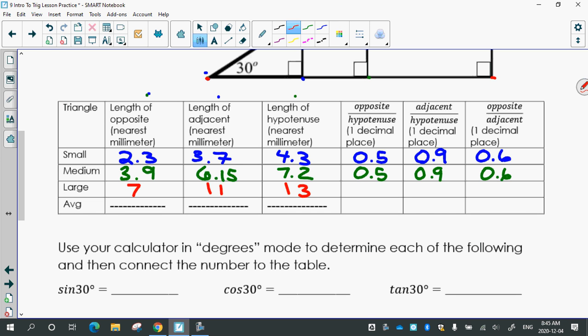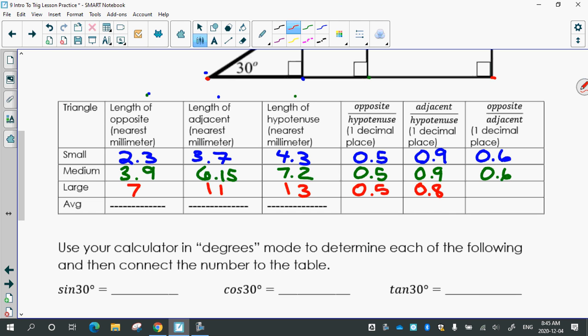Okay, red. Opposite divided by hypotenuse, 7 divided by 13, 0.5. Adjacent divided by hypotenuse, 0.8.